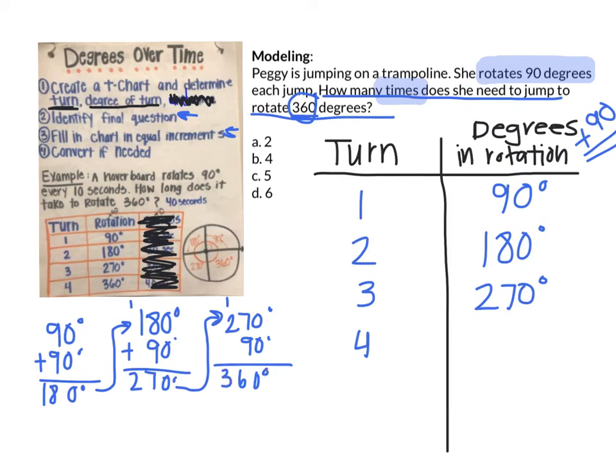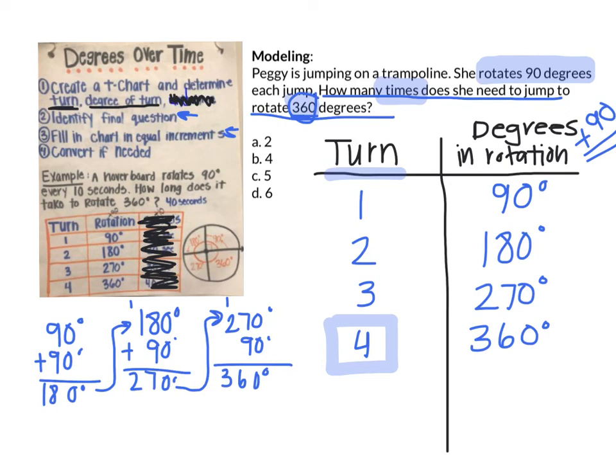So on my fourth turn, we reach a full 360 degrees. That's our stopping point here, because I want to find out how many times or how many turns she needs to jump to rotate 360 degrees. So we found that it takes her 4 turns to rotate 360 degrees.